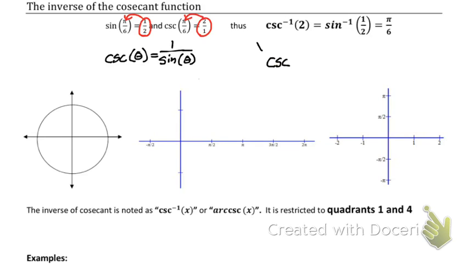We can then write a formula that looks like this. If I have cosecant inverse of some value, note it's not an angle. Over here we're talking about an angle. Here we're talking about some value that we're given, like 2 and 1/2. Those aren't angles. So if we're given cosecant inverse of some value, and that's not on our unit circle, we're going to convert it to sine. Well, no, we're going to take the reciprocal inside the parentheses.